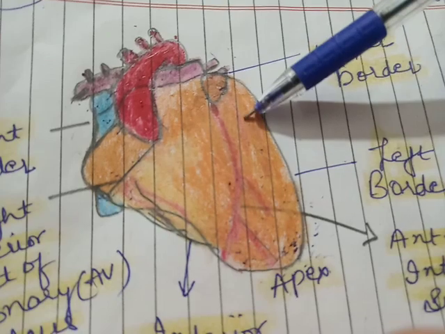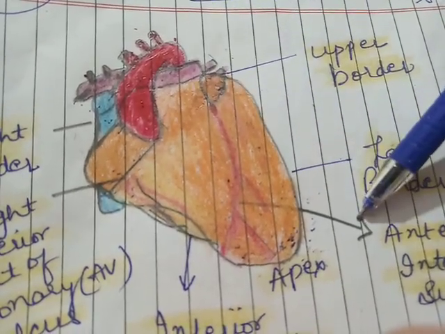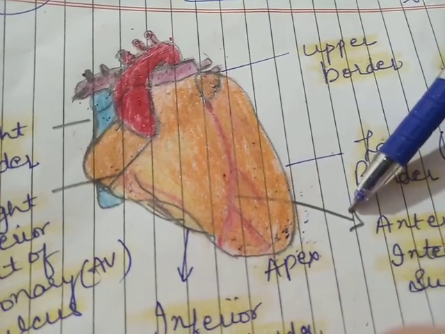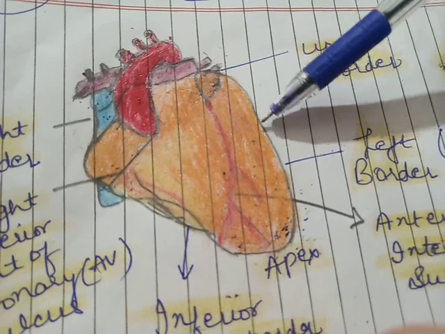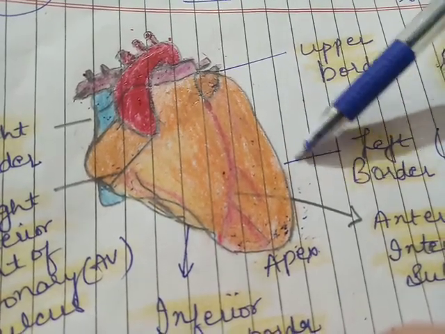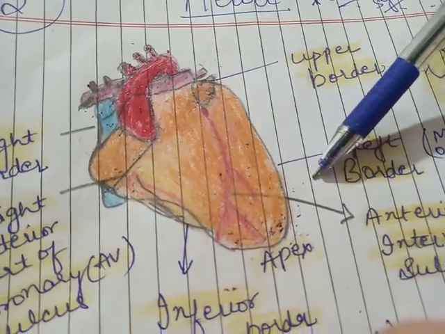So the left border is indistinct and it extends from the left atrium to the apex, right? It is mainly made up of a small amount of the left atrium and mainly of the left ventricle, right? This border is accompanied by the marginal branch of the left coronary artery.